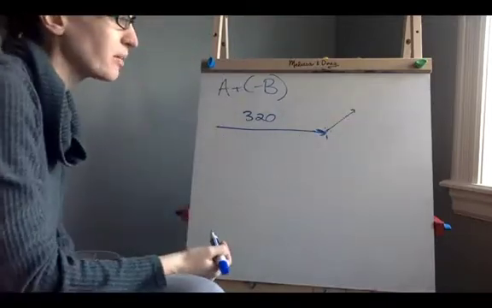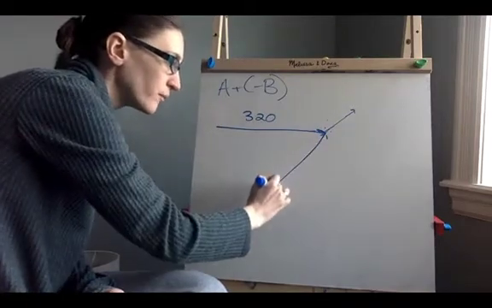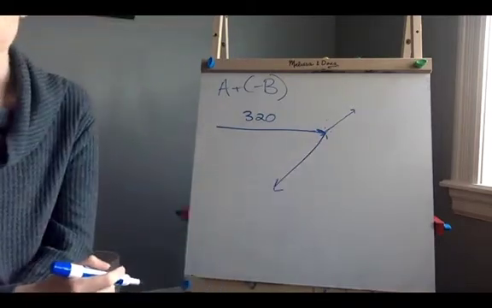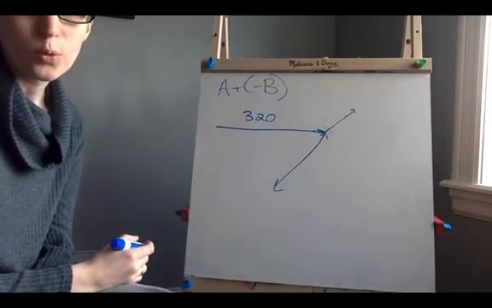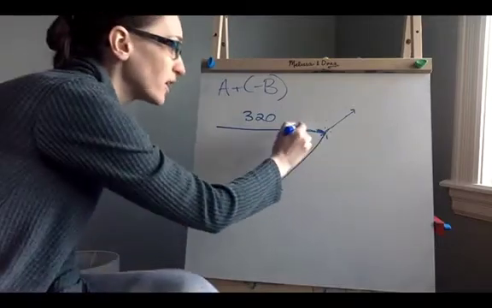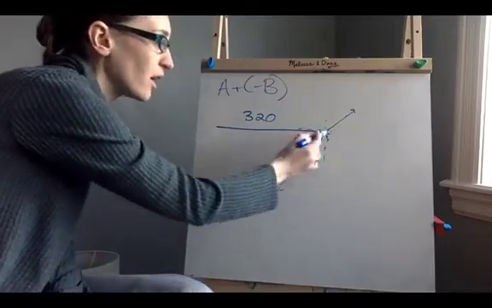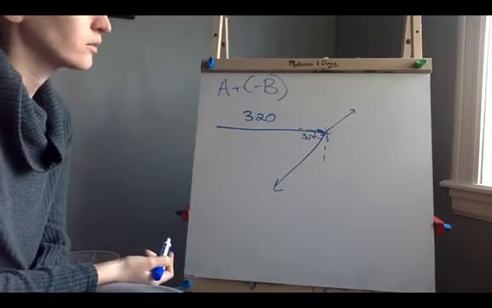But we're going the opposite of that, so we're instead going to go this way, right? And instead of going east 35 degrees north, we're instead going to go west 35 degrees south, right? So if that's my west line and that's my south line, I've gone west 35 degrees south here, okay?